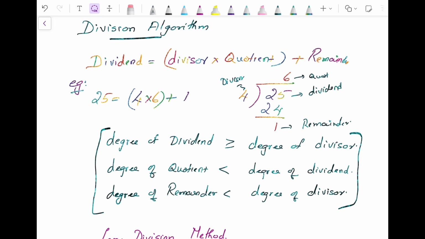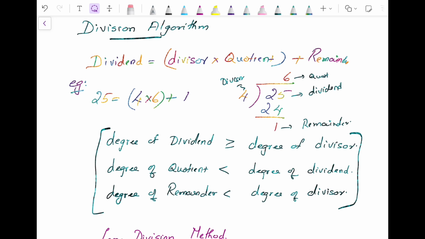Now, the divisor should be either less than or equal to the dividend, and the same applies for polynomials also. The degree of the dividend should be greater than or equal to the degree of the divisor.